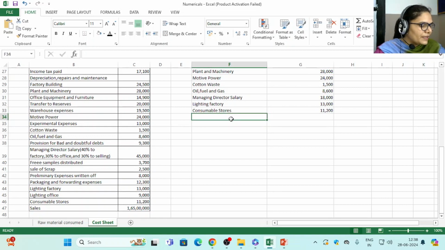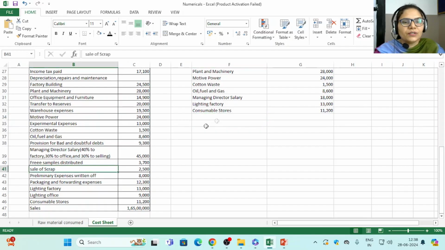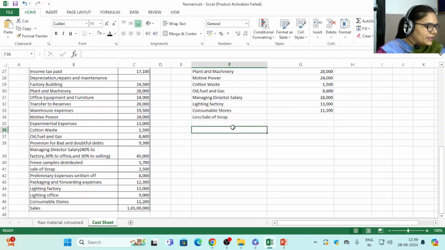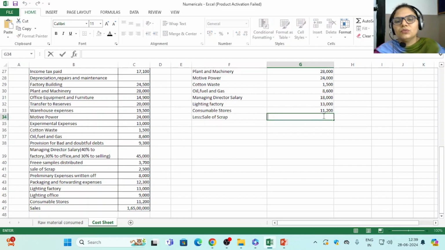Now I think we have covered all the things related to the factory. No, we have not covered. We are left with the sale of scrap. We have studied in the previous session that if there is any value related to sale of scrap, it needs to be deducted from the total value after arriving at prime cost plus factory overheads.